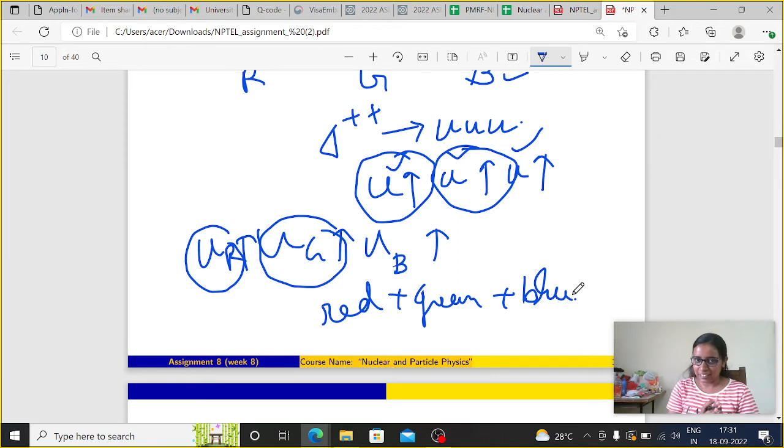Have you checked that? If I put the same proportion of red, blue and green and mix them up, then it will become white color. And white color means colorless, right? Like white color means there is no color.